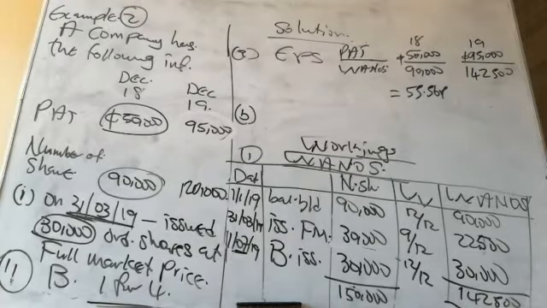Okay, I'll make some slight changes here. I want to make this one 80,000. So 80,000 divided by 95. So 8, 142.5.